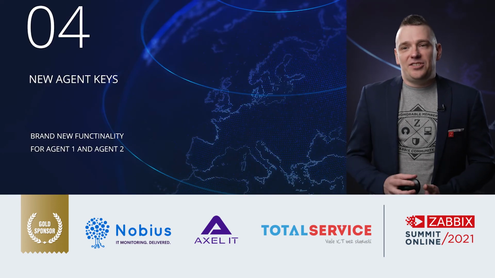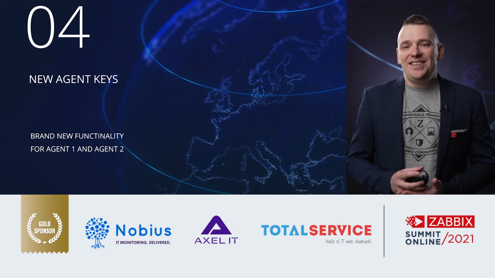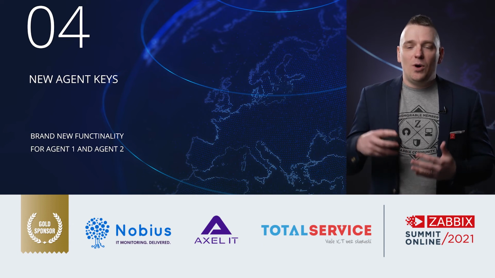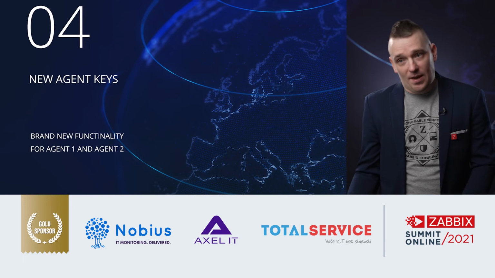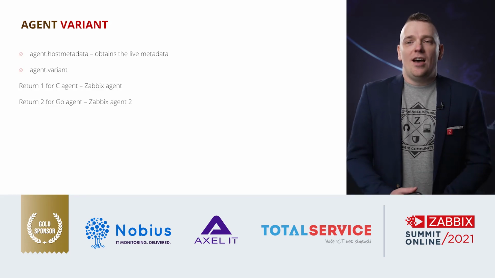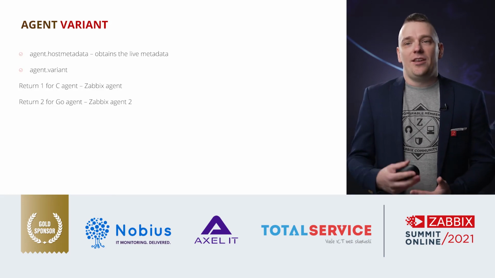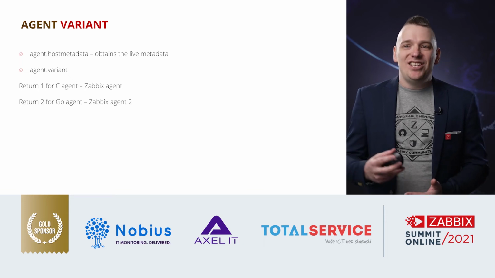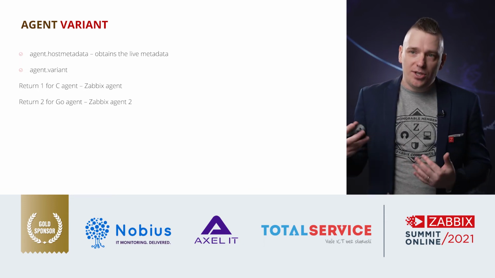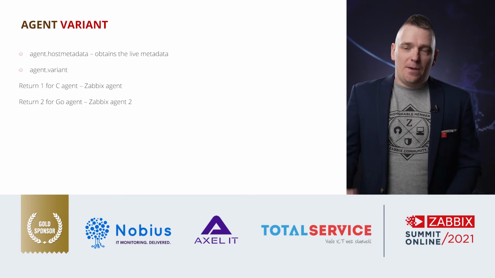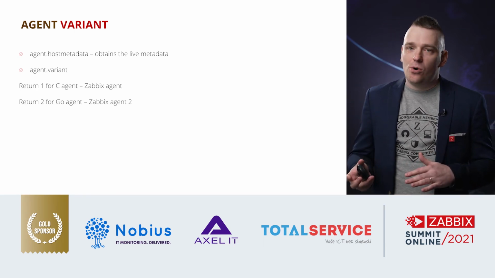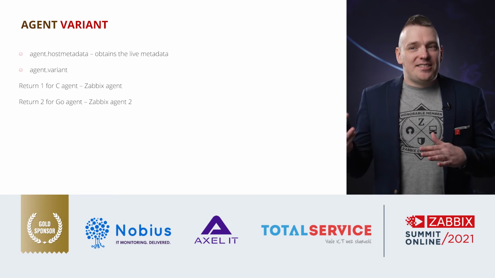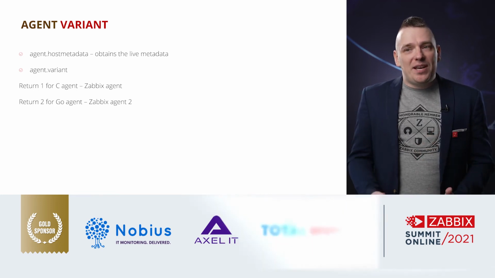All right, and the last chapter is new agent keys in general, and this applies to both agent 1 and agent 2. So what's new? There comes a new agent key called agent.host.metadata, which will fetch the live metadata, and therefore we can now create a very dynamic template.